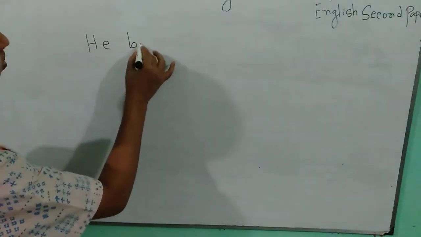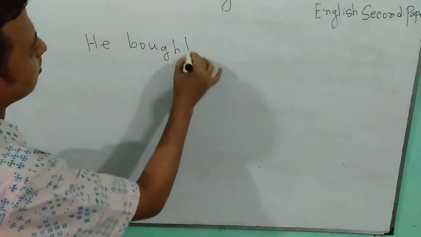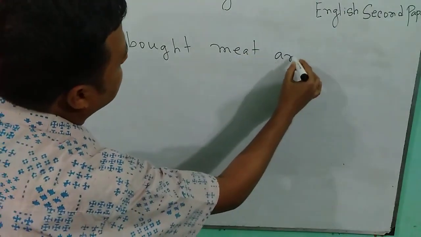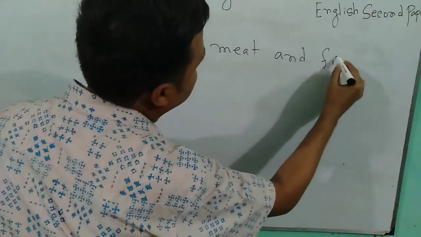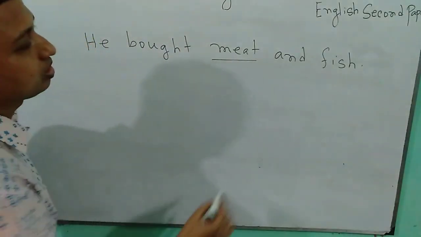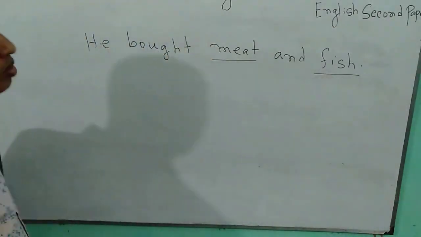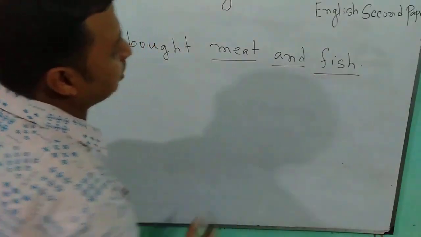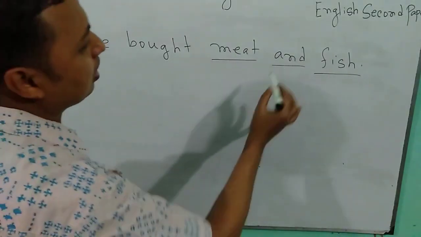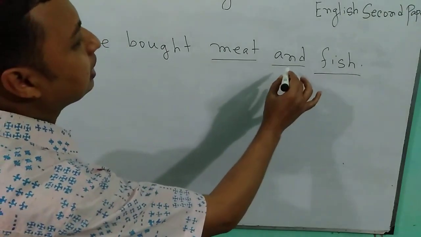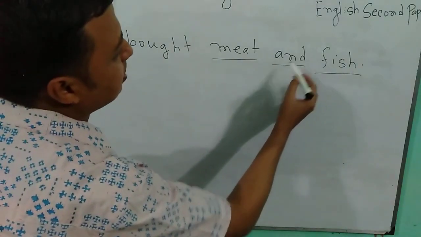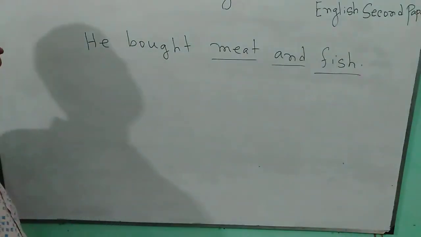He bought meat and fish. Meat is a noun, fish is another noun, and "and" is a conjunction between these two nouns and it connects meat and fish. So, "and" is a linking word.